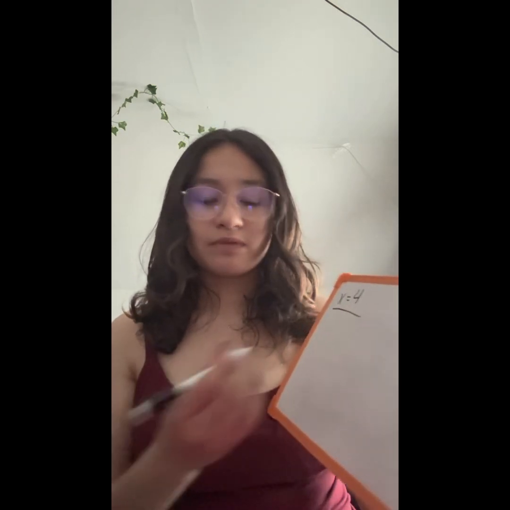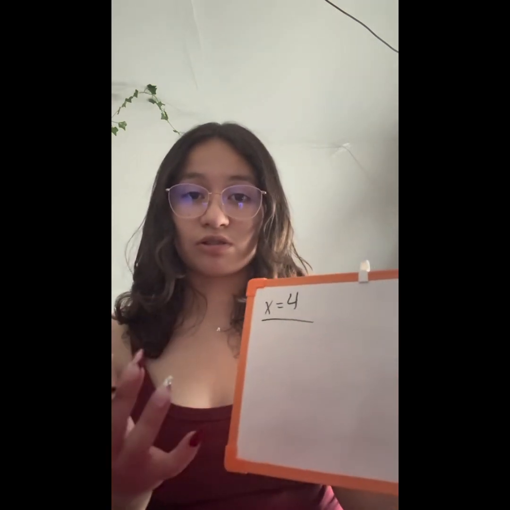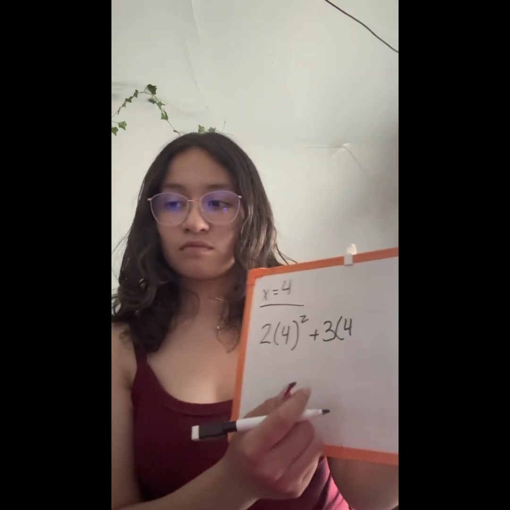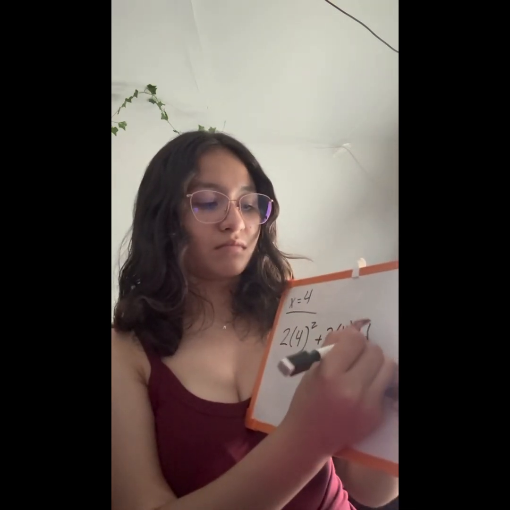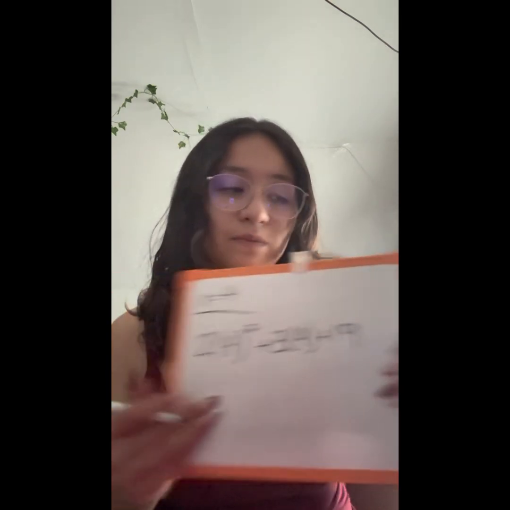You take your new function, 2 times 4 squared plus 3 times 4 plus 19. 73 was irrelevant at this point.